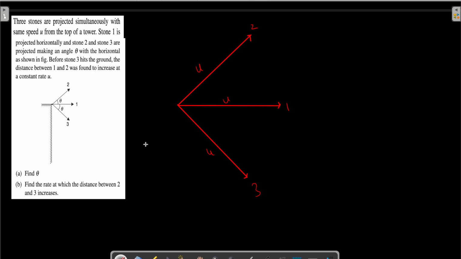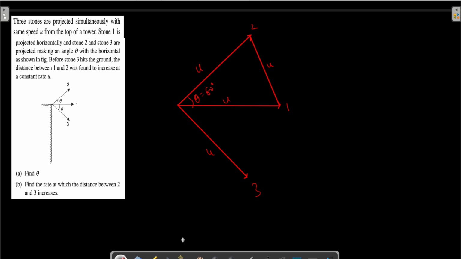The distance between 1 and 2 was found to increase at a constant rate u. So the distance between these two is increasing at constant rate u. So if we complete this triangle, this is also u only. What we get? We get an equilateral triangle. So 100% this theta should be equal to 60 degree only.